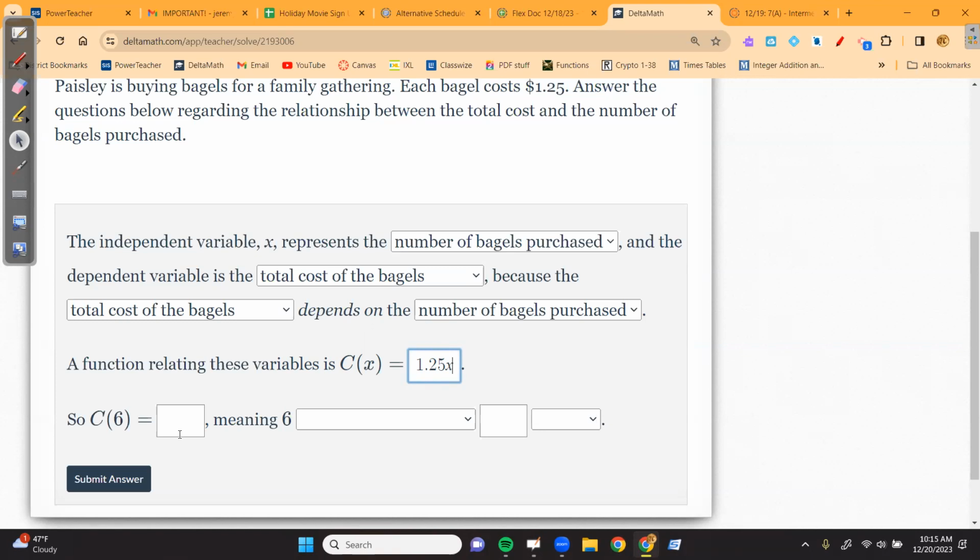So now we're going to do math. The next one says C of 6. So if I want to know C of 6, what do I do? I put 6 in place of x. Anyone got a calculator? What's $1.25 times 6? It is not $9, for the record.